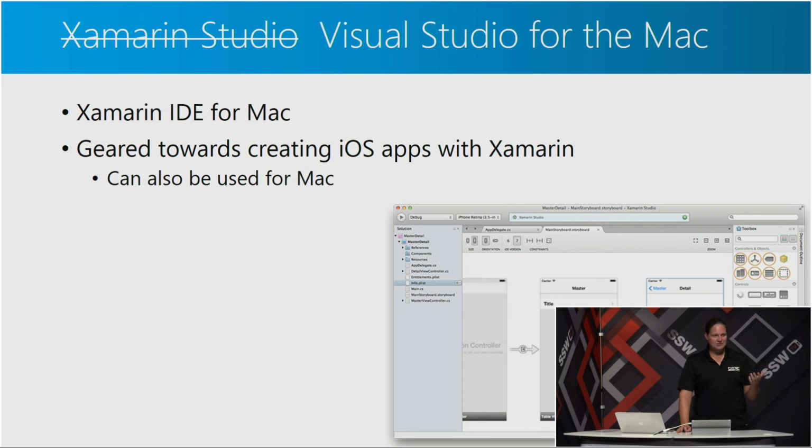Now, it's not meant to be a direct copy of Visual Studio 2017 running on the Mac, but it's meant to be an IDE that appears Mac-ish, for lack of a better term, to a Mac person, right? It's not meant to drag the Windows paradigm to the Mac, but it's meant to be a native development experience on the Mac that supports .NET development, okay?